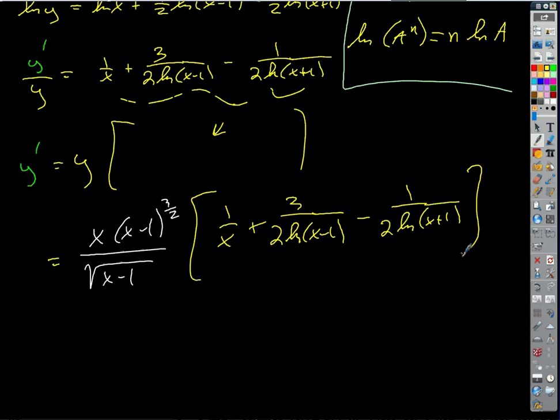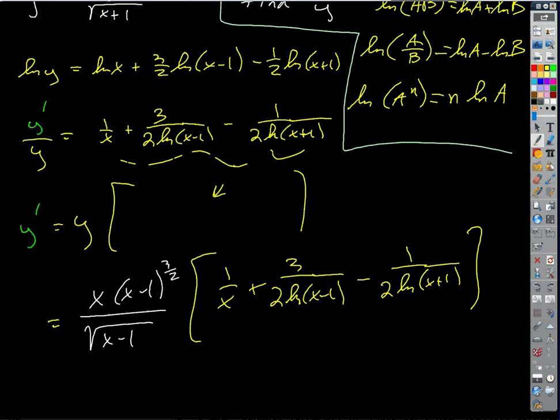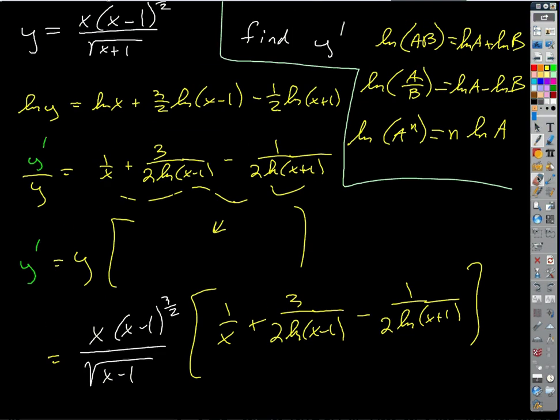Make sense? Yes? Don't the natural logs in the denominator go away when you take the derivative? Oh, yeah, they did. Yeah, we take the derivative of log u, it's u prime over u, isn't it? So those shouldn't be there. You guys were probably wondering about that.